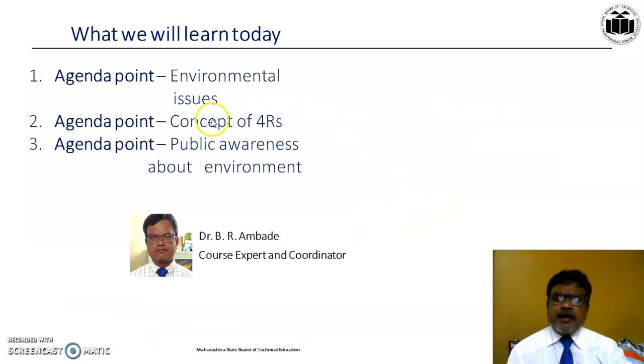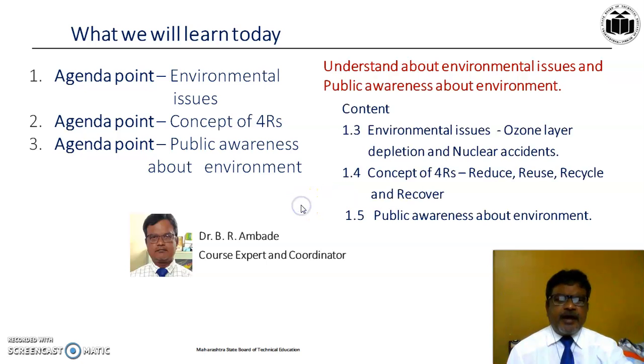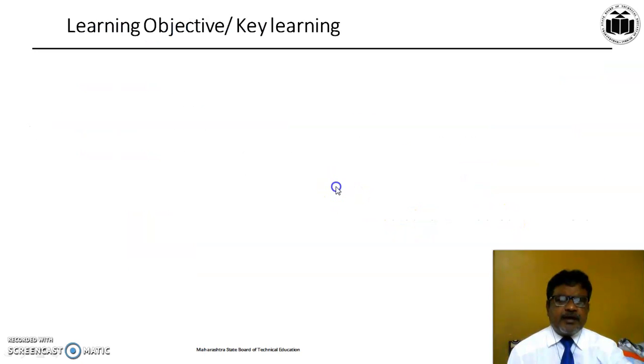Our today's agenda is environmental issues, concept of 4 Rs, and public awareness about environment. Today's takeaway for students is to understand environmental issues and public awareness about the environment.